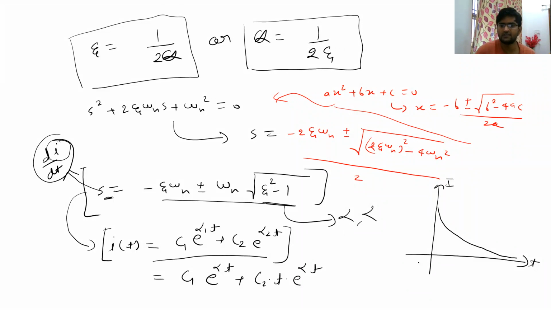This is all there in your mathematics lectures. So here also you can see that the curve is going to be purely exponential. And in the third case, if your roots are complex, let me call them alpha plus minus j beta. The complex roots are always going to be in this form.